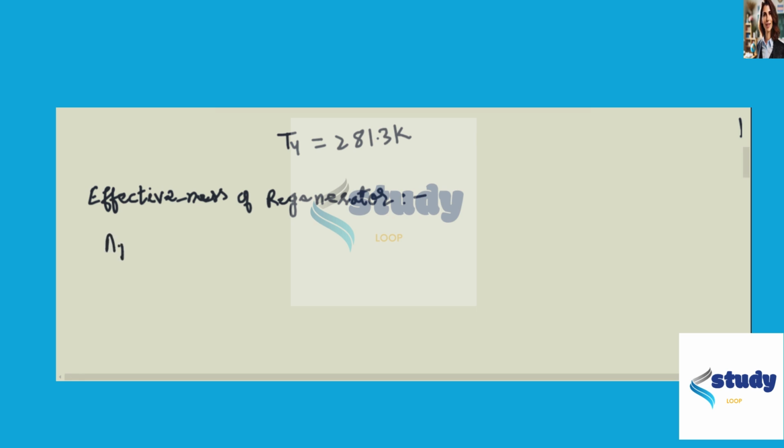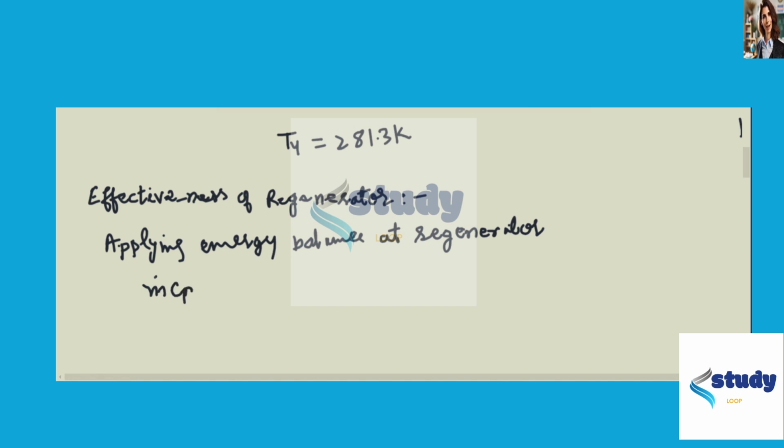So applying energy balance at regenerator: mass flow rate of the fluid into specific heat into changing temperature from third to fourth state is equal to mass flow rate into specific heat into changing temperature from first to sixth state.